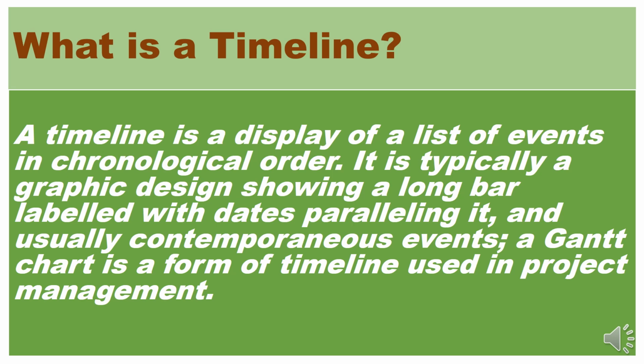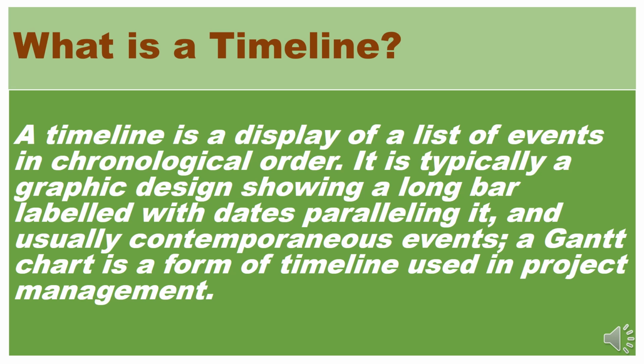A Gantt chart is a form of timeline used in project management, right? For example, we have done chronological work. We have made a timeline in chronological order in social studies, if you remember, right? And we made the timeline of the events that took place in history before the creation of Pakistan.